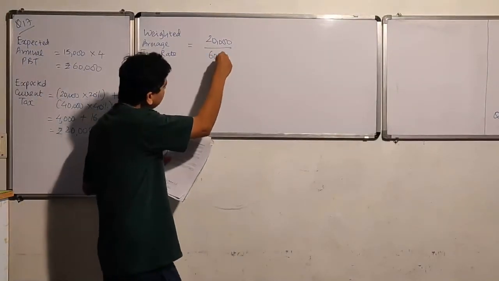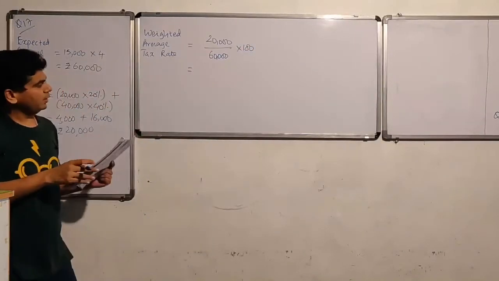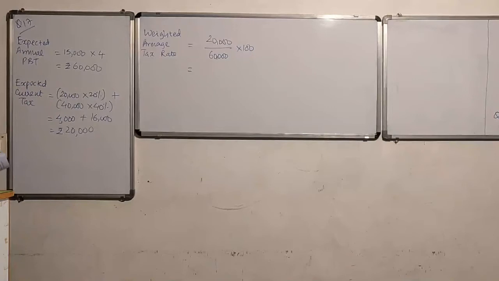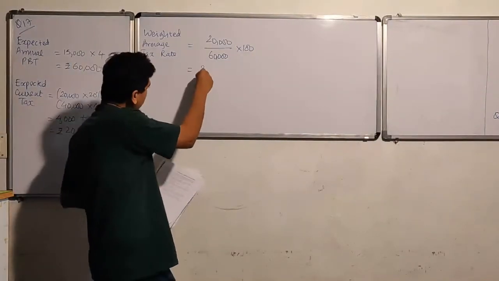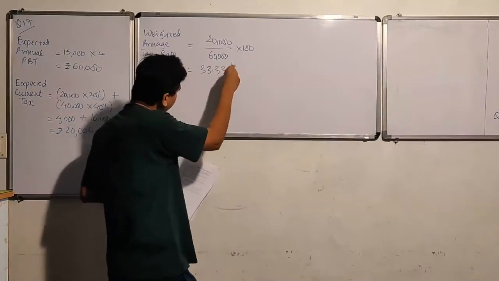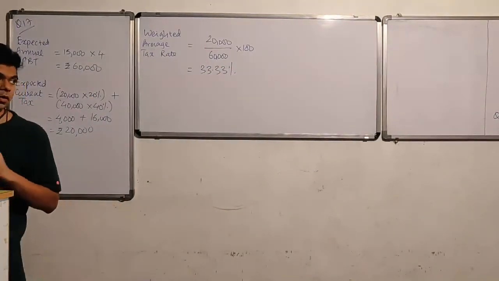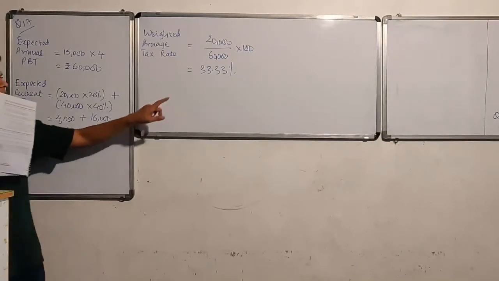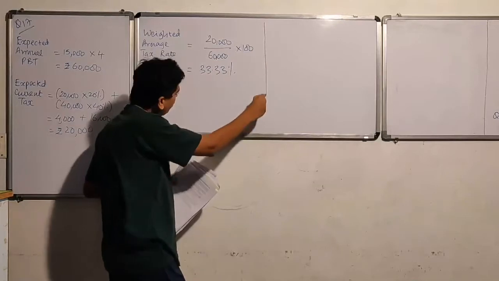So I'll divide this by 60,000. To express it in percentage, I multiply by 100. It will be basically 2 by 6 or 1 by 3. So it will turn out to be 33.33%. So the weighted average tax rate is turning out to be 33.33%.